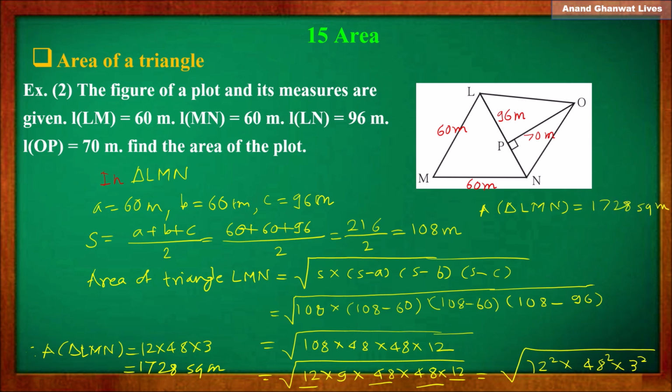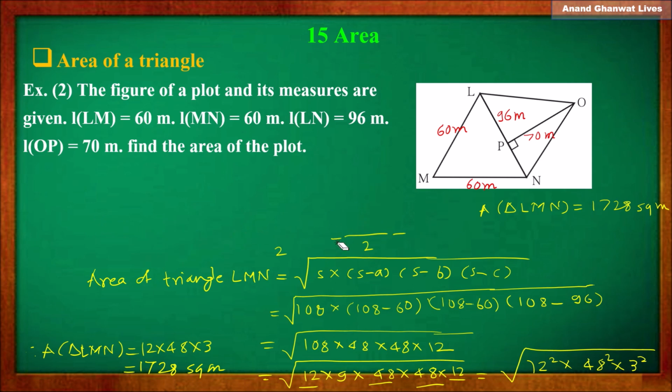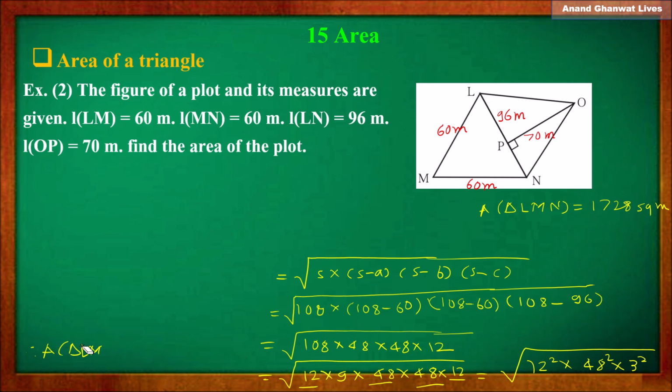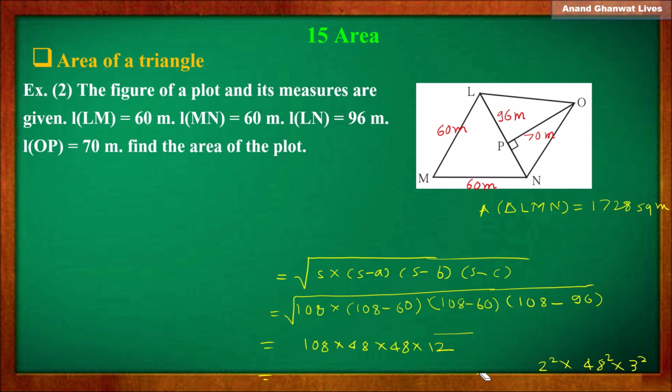Now we have to find area of triangle LNO. So for area of triangle LNO, which information is given here for that calculation of area? Only base and height is given. So which formula can be useful to find area of triangle LNO? So very good. Which formula? Area of triangle is equal to 1/2 into base into height.